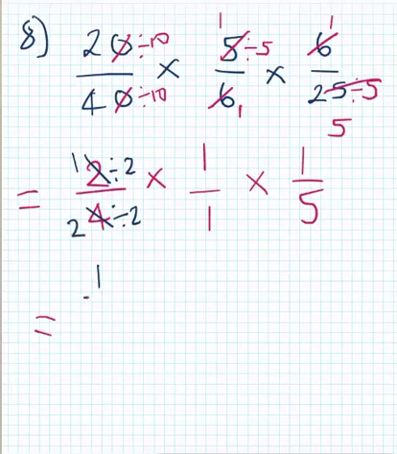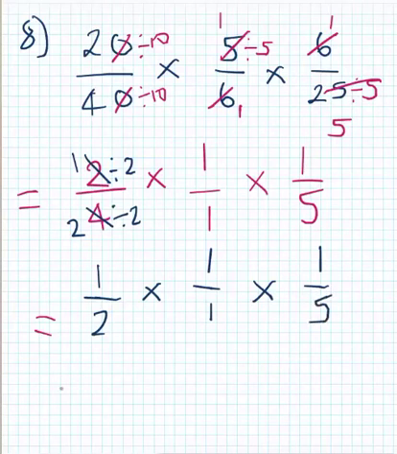So finally, I have completely simplified this problem, and I've ended up with these 3 fractions, and now I multiply numerators, so my top numbers together, and then my bottom numbers together. So 1 times 1 times 1 on top is just 1, 2 times 1 is 2, and 2 times 5 is 10, and there is my final answer.